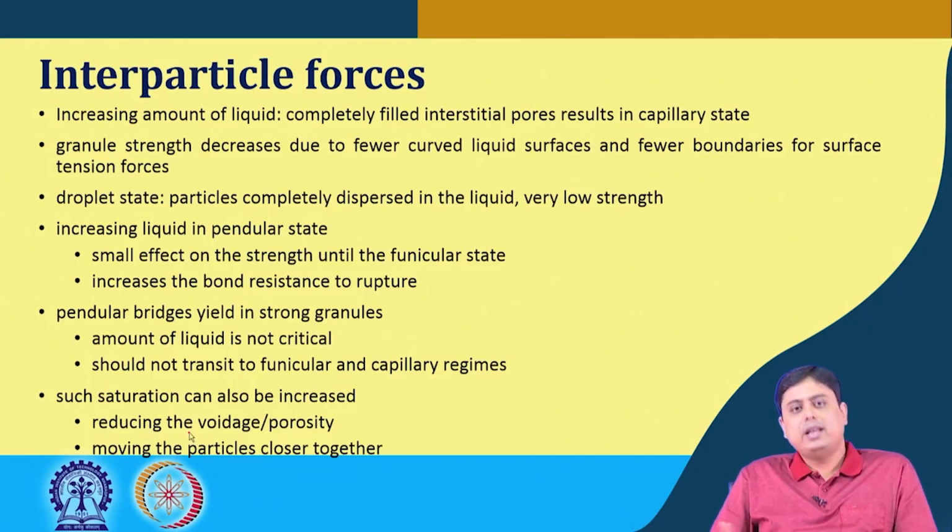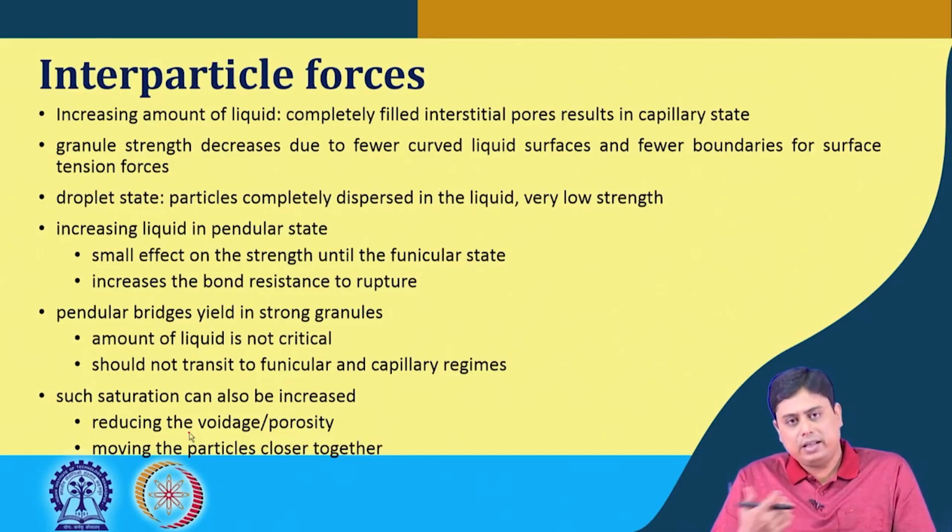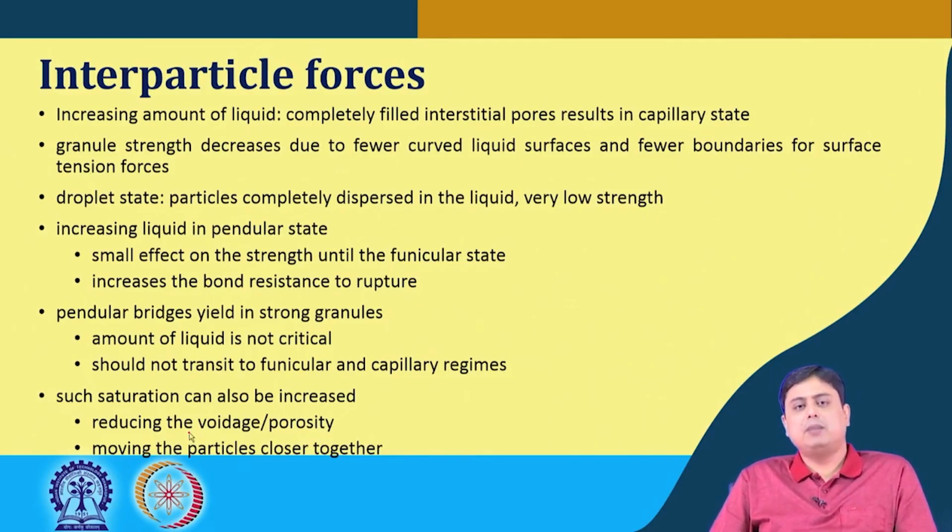You further increase the liquid amount and it goes to the droplet state. In the droplet state, the particle is completely dispersed in the liquid, so quite obviously the strength of this bond is very low.